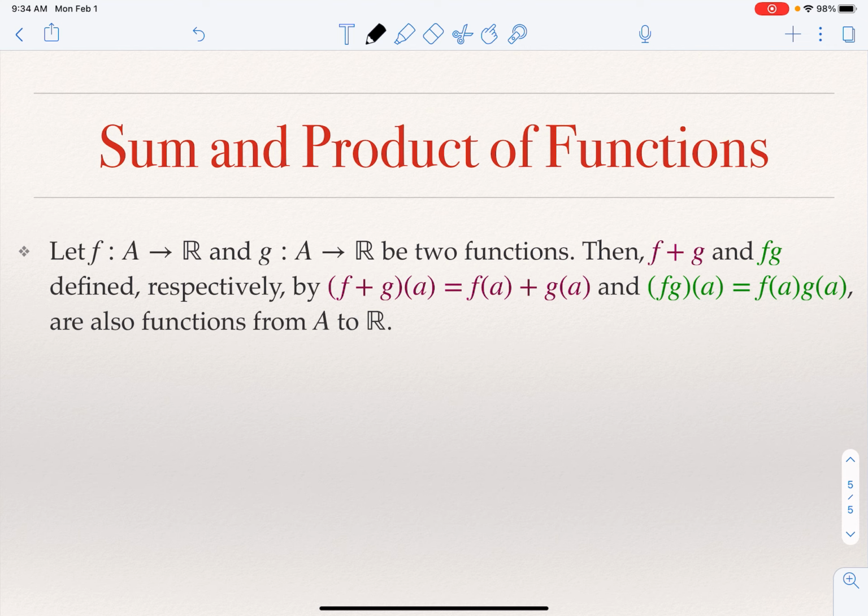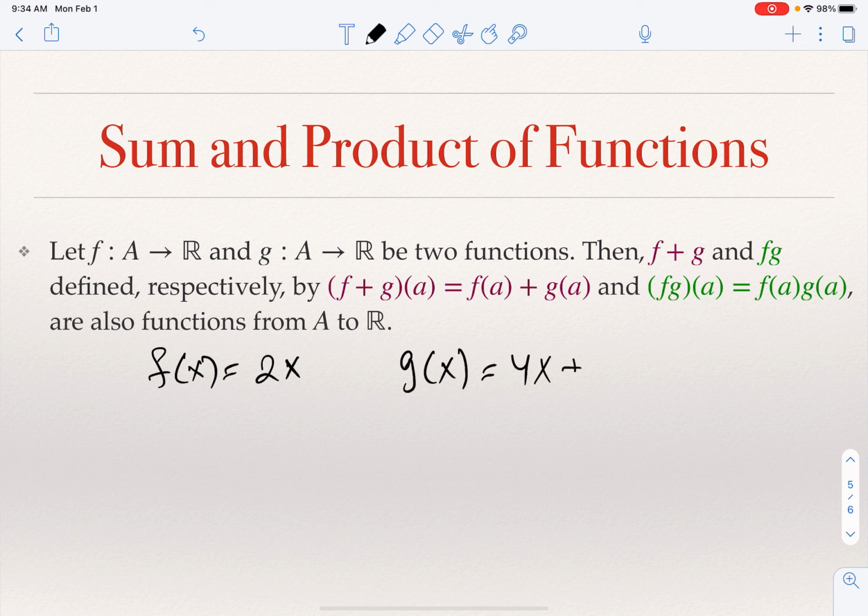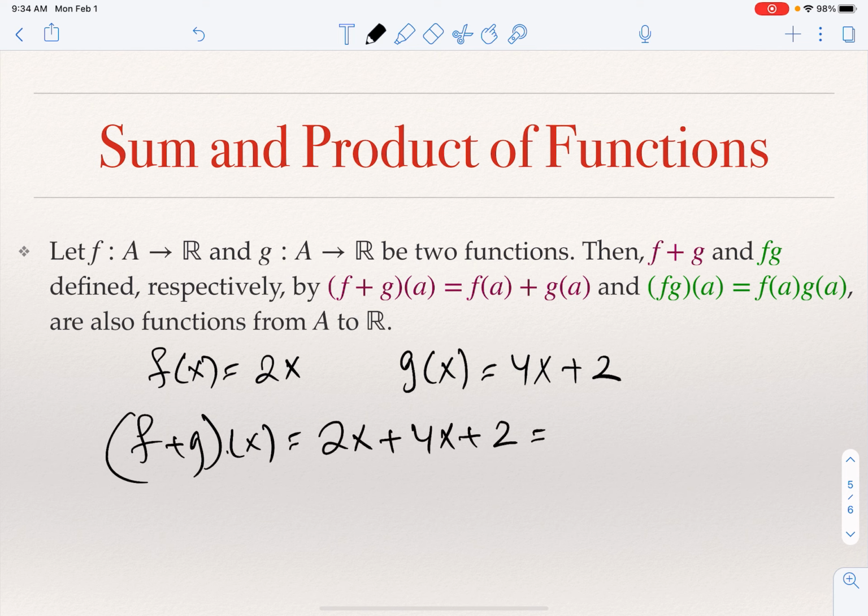So let's look at an example. Suppose I have two functions from the reals to the reals. Let's say f of x is 2x, and g of x is 4x plus 2. Okay, so these are two functions. What is f plus g of x? Well, we just take the sum of these two. So it's 6x plus 2.